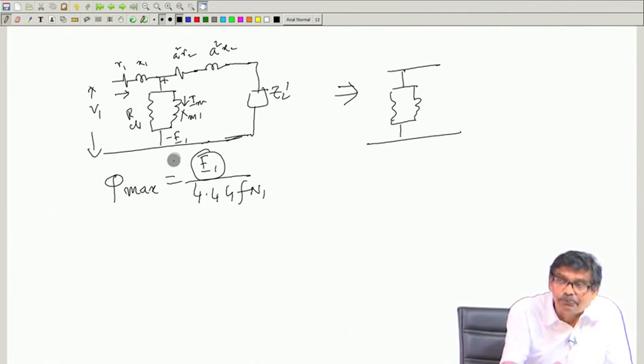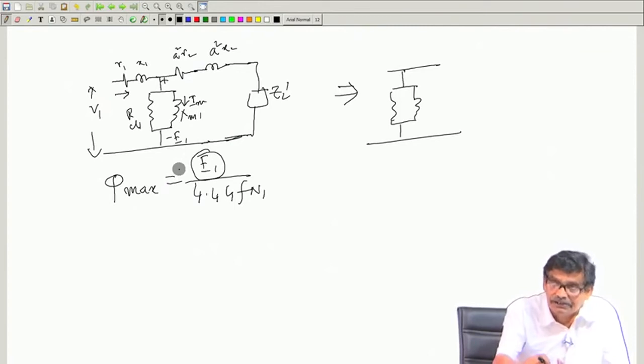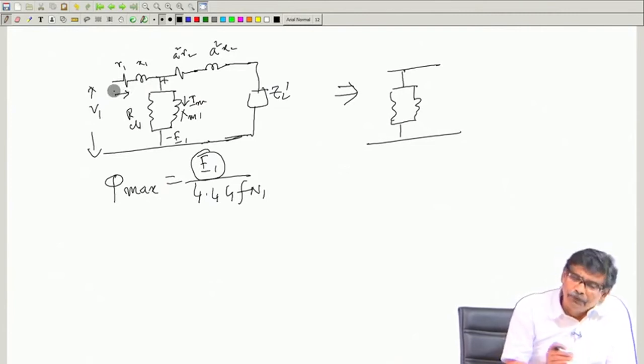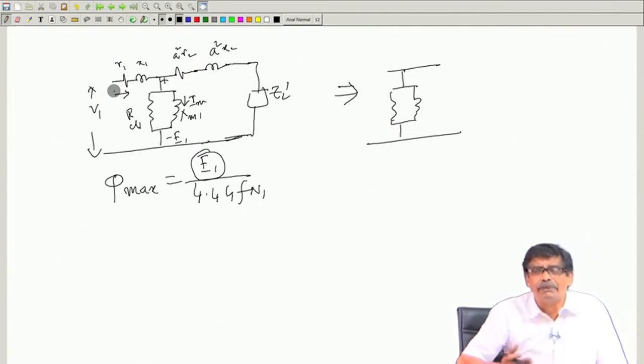So, consider the change in phi max from no load to full load. What is no load? Z2 dash is infinite, it is open, nothing connected. What is full load? You have connected such an impedance that rated current flows, and when rated current flows, there will be a drop here. We agree to that, but R1 X1 is small. Therefore, there will be a voltage drop in R1 X1, which will change E1 a little, but phi max will decrease maybe by 2%, 1%, whatever it is.